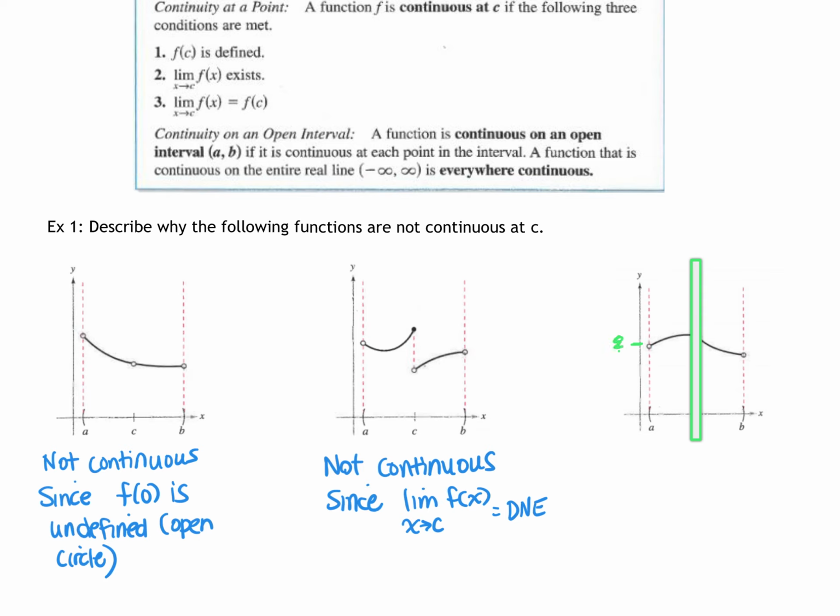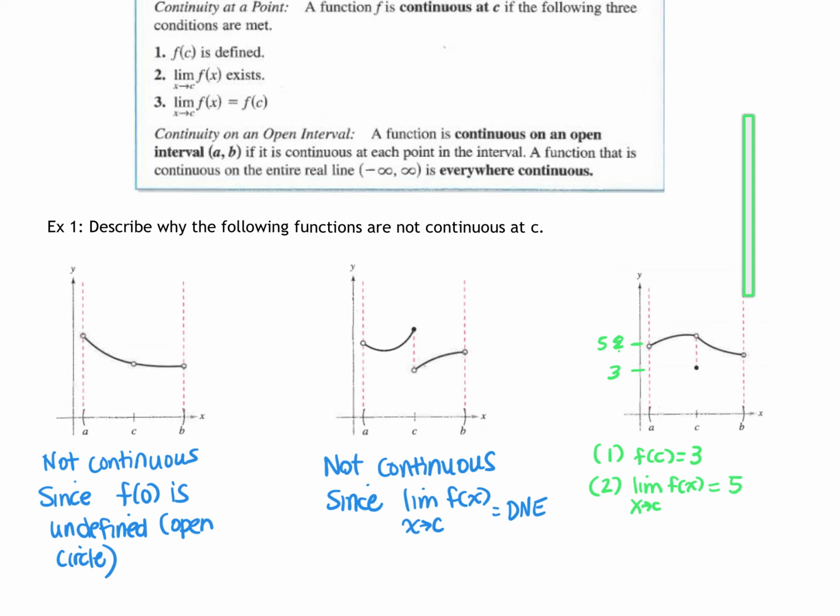let's actually give this a name here. We'll call this 5, and we'll call the point down here where we have a closed circle 3. Now, for our first qualification, f of c equals 3. For our second condition, the limit as x approaches c of f of x is going to be 5.